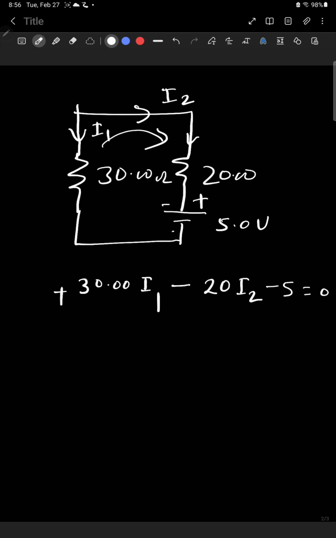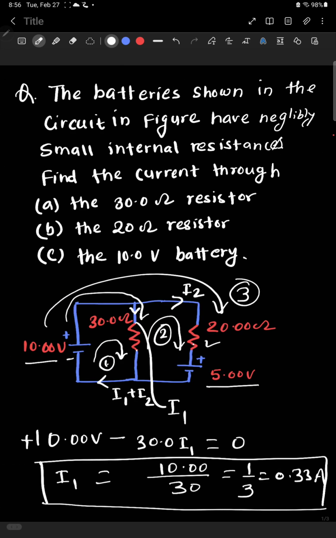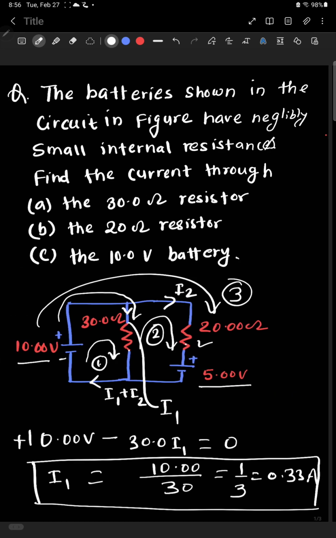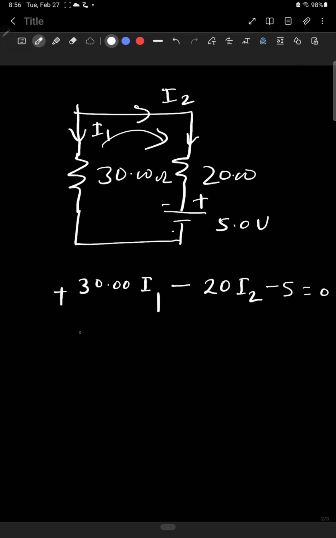So putting in the value of I1, which is 0.33 ampere, 30 times 0.33 minus 20 I2 minus 5 equals 0.